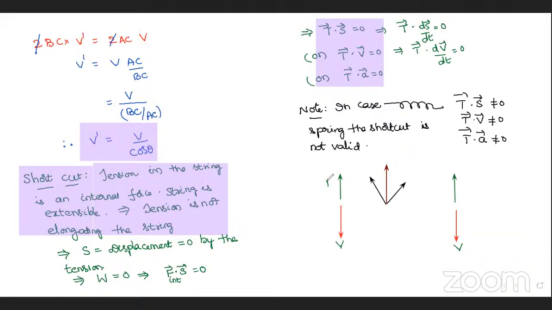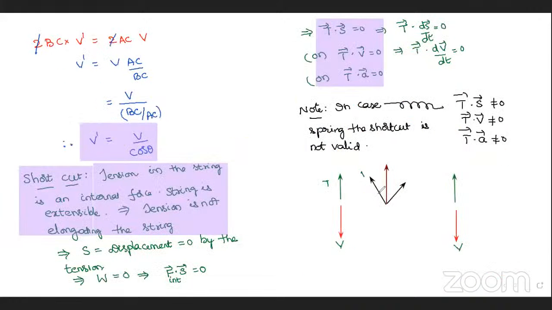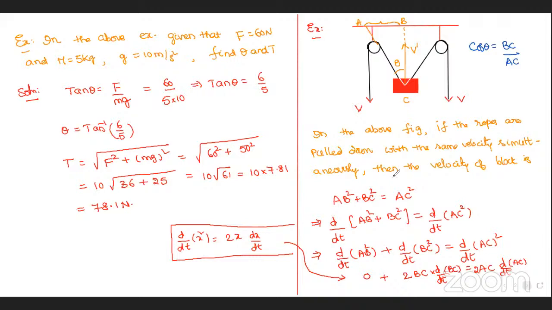This is the tension in the string at the left side. Coming to there, it is the same string, so the same tension, but making at that instant an angle theta. This is the velocity of the block, V dash.